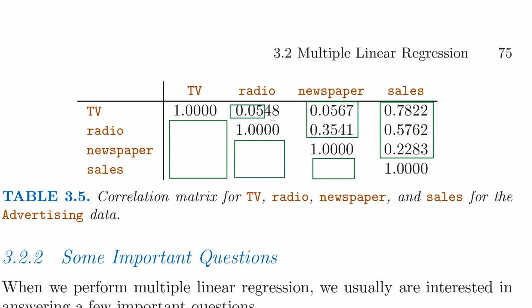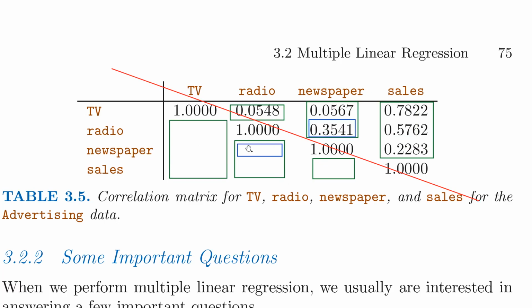So your correlation matrix is always symmetric about the leading diagonal, meaning if we use color blue, then this would be blue. So all I'm saying is the correlation between newspaper and radio, and the correlation between radio and newspaper, that's the same value for obvious reasons.